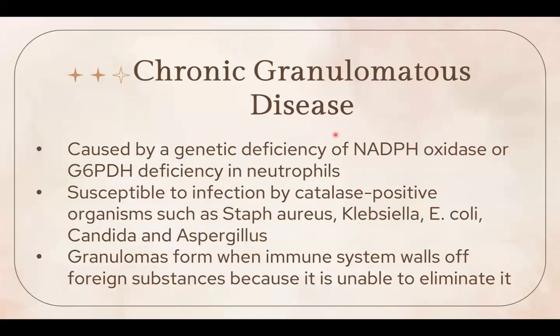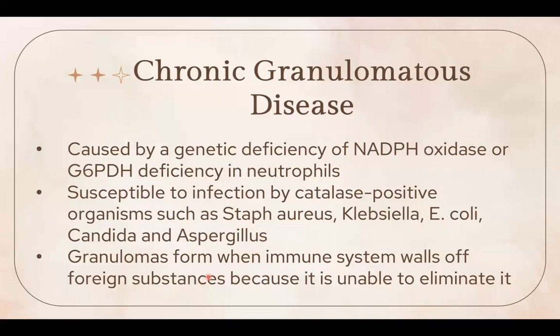If this is not functioning, then these bacteria are going to remain inside the phagolysosomes. And eventually the neutrophil is not able to kill these bacteria efficiently, right? It's inside the neutrophil, but they're not dying. So the immune system detects it, and it walls off this neutrophil.